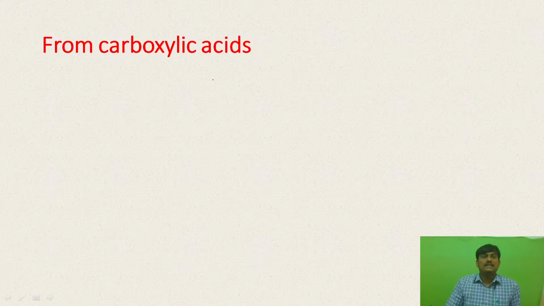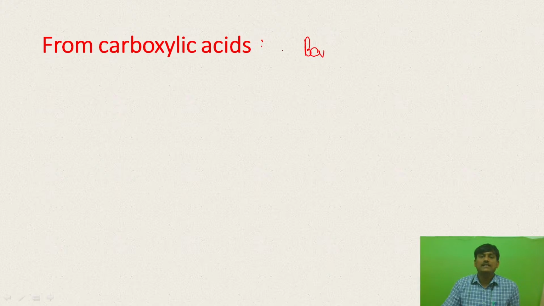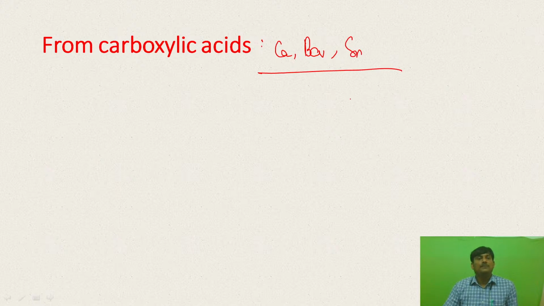From carboxylic acids we can prepare aldehydes and ketones. If you take calcium, barium or strontium salts of carboxylic acids, you can prepare aldehydes or ketones by pyrolysis or distillation of carboxylates of calcium, barium or strontium.